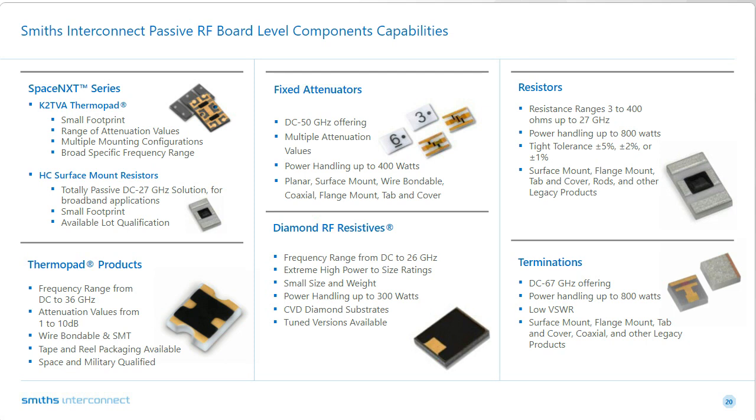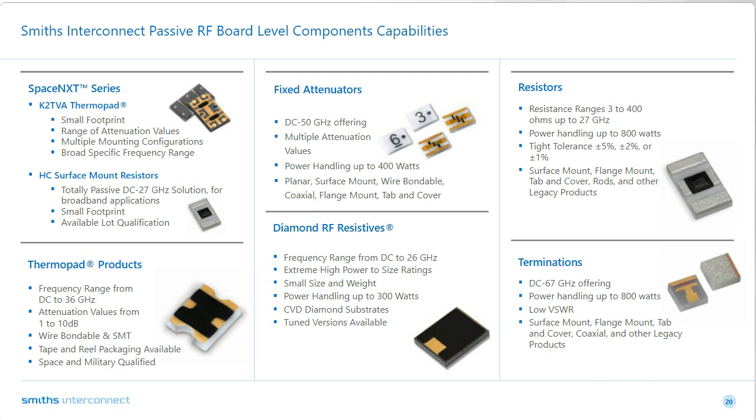So gentlemen, the last question for today: what are the passive RF board level components mainly used in space and defense? So we see a high quantity. The most products we do are in attenuators, whether fixed or temperature variable.